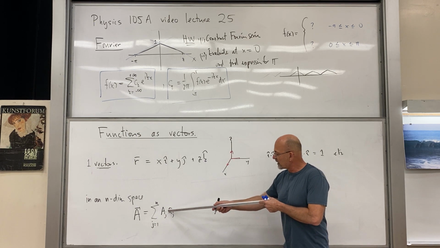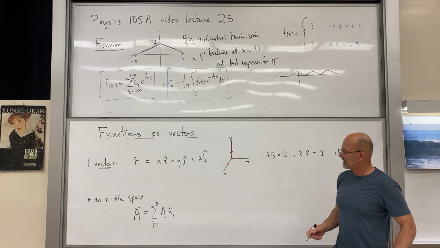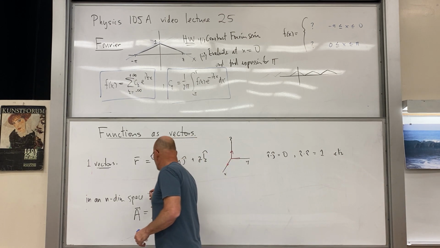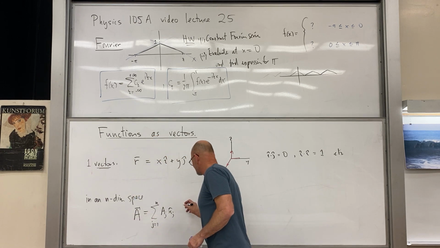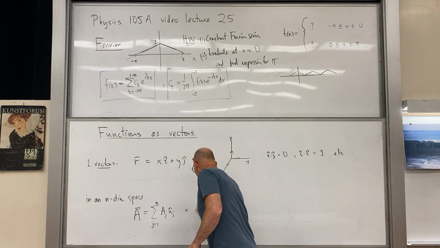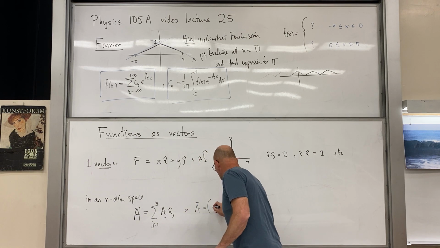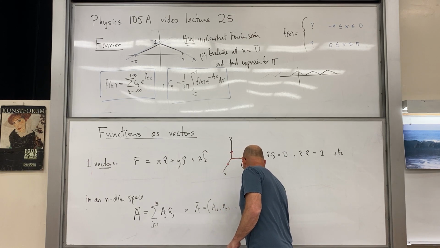So those are the components of the vector A from 1 to n, in n-dimensional space. Or we can write A is equal to A sub 1, A sub 2, all the way up to A sub n.